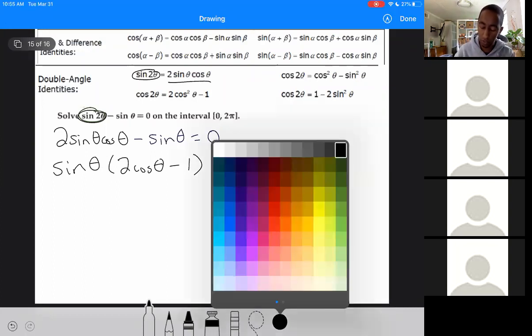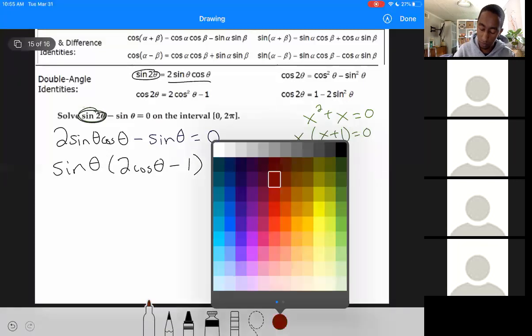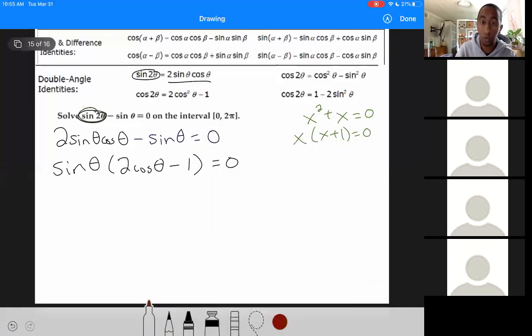This just goes back to our basic concept of factoring. Let's say you had x squared plus x equals 0, and you wanted to solve for x. So you wanted to figure out what number for x you could plug in to make it true. It would help us to factor out an x, because then we'll end up with x times x plus 1 equals 0, right? And then we know that you will have 2 answers.